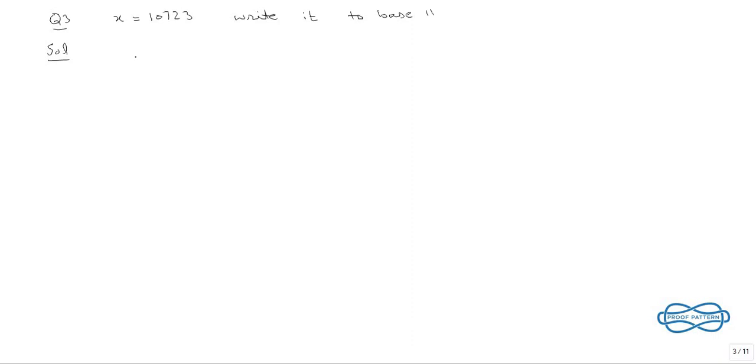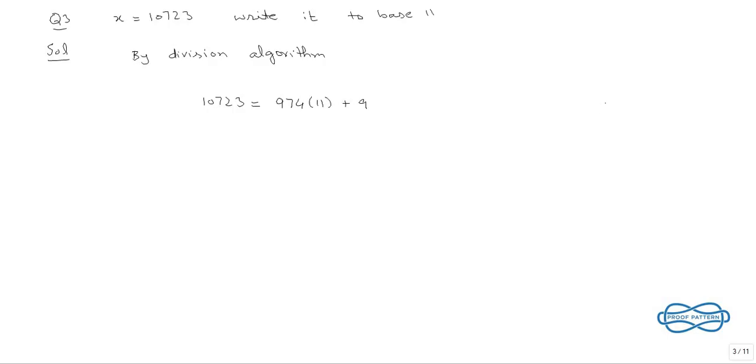Now we can see by division algorithm, 10723 can be written as 974 times 11 plus 9.